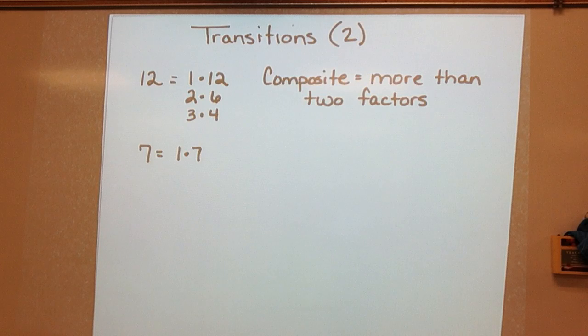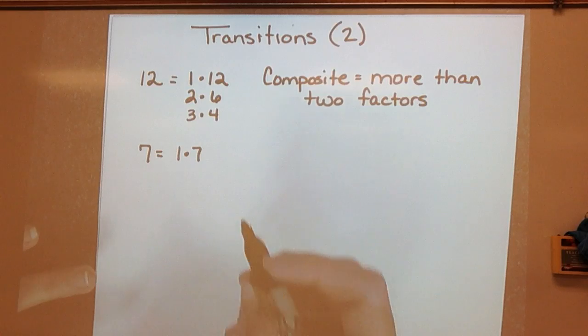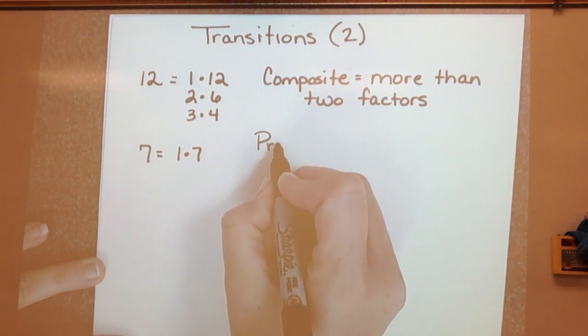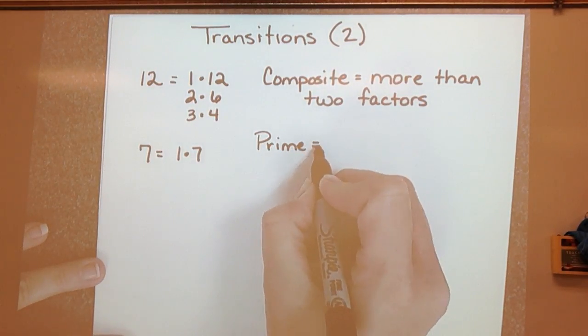So the factors of 7 are 2 positive integers, 1 and 7. Positive integers like 7 that have exactly 2 factors are what we call prime numbers.